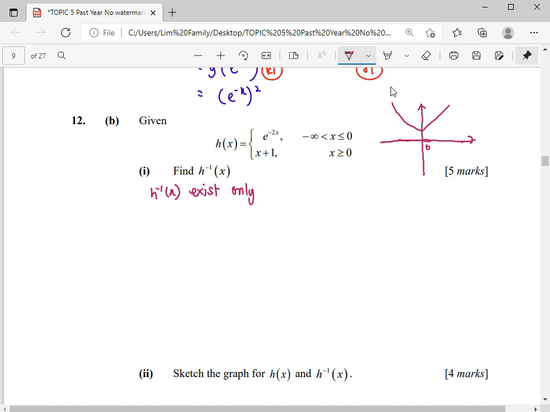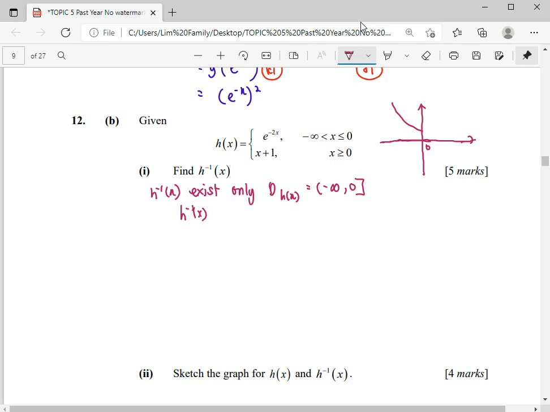So we can choose the left hand side. We are going to take this part for inverse only. This part is not involved. Select one part of the question and then we inverse it.